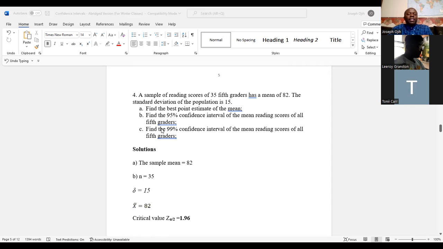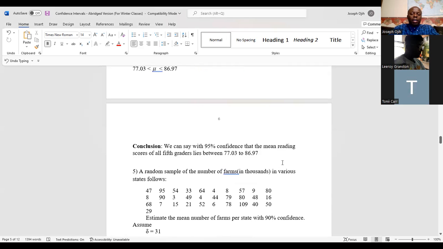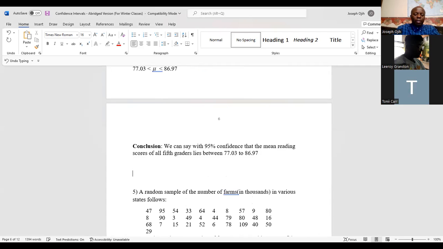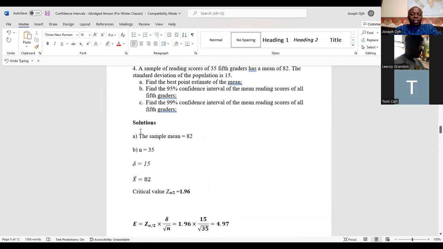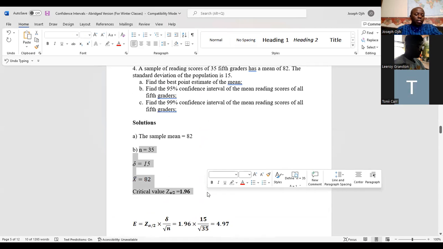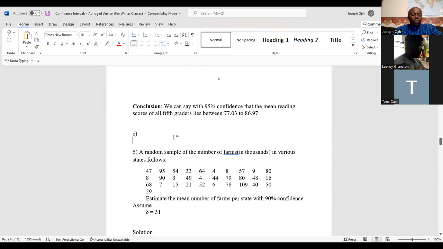Part C said find the 99% confidence interval for the mean reading scores of all fifth graders. So it's still the same method, except that this time around, our critical value will be different. Our sample size is still 35, mean is 82, standard deviation is 15. So I'm going to copy this and paste it down here because it's still the same thing.